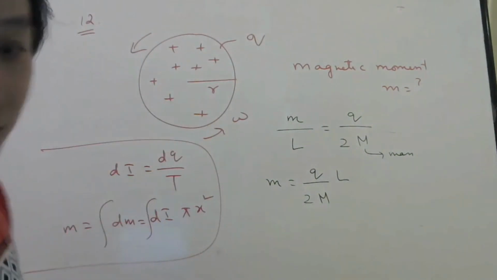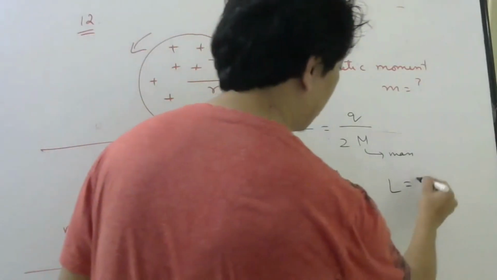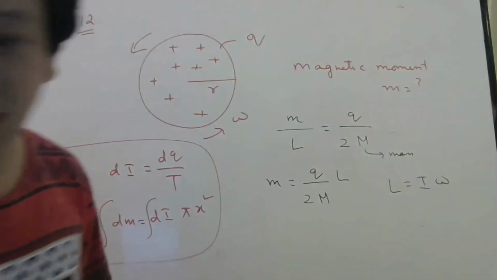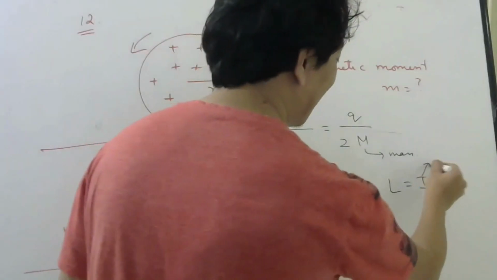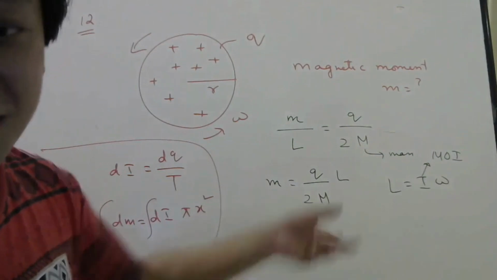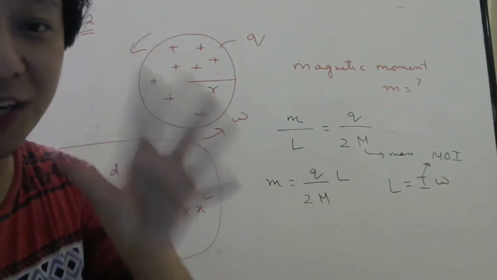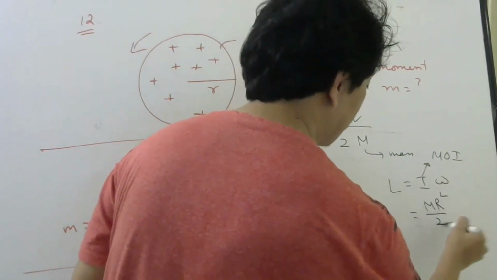Now it is a disk rotating with angular speed omega, and you know the angular momentum formula is I times omega, where I is moment of inertia. Be careful, not current. Moment of inertia. Sometimes different concepts will have the same symbol. The moment of inertia for a disk is Mr square by 2.